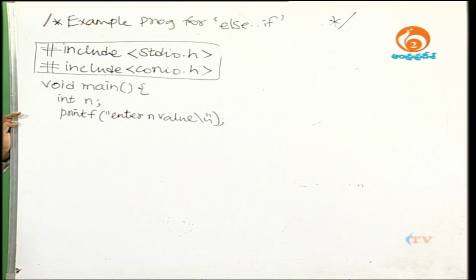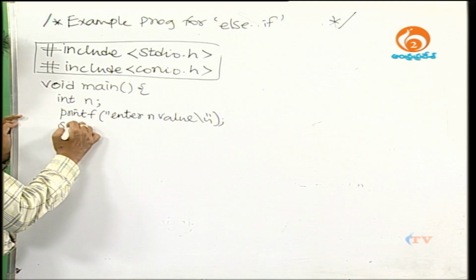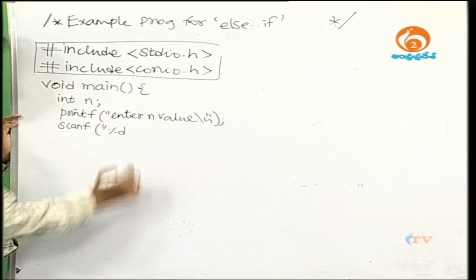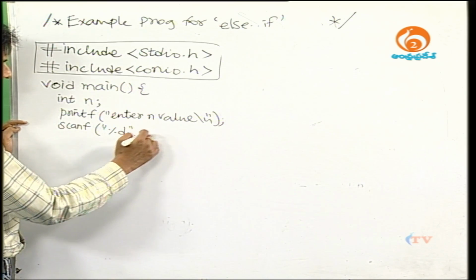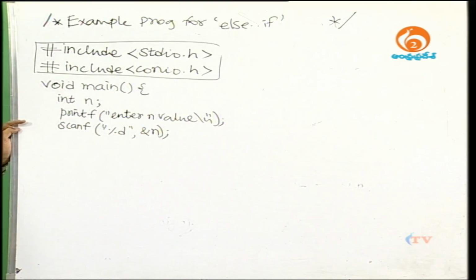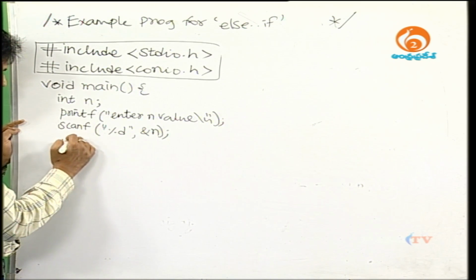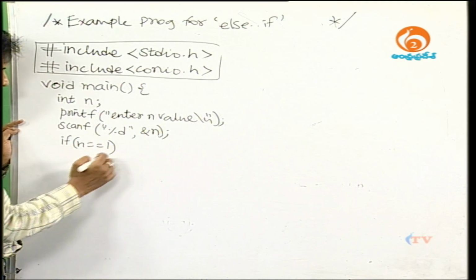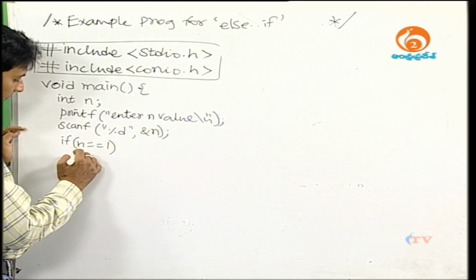Next, scanf, %d, ampersand n, semicolon. Next, if n double equal to 1, printf it is Monday.